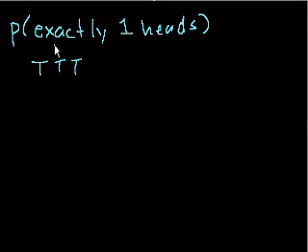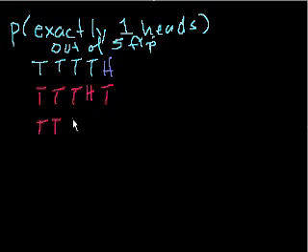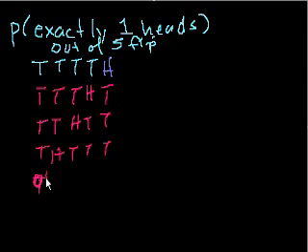Out of 5 flips. So that could be tails, tails, heads. As you can tell, I switch colors arbitrarily. That could be tails, tails, tails, heads, tails. I think you get the pattern. Tails, tails, heads, tails, tails. That could be tails, heads, tails, tails, tails. That could be heads, tails, tails, tails, tails.